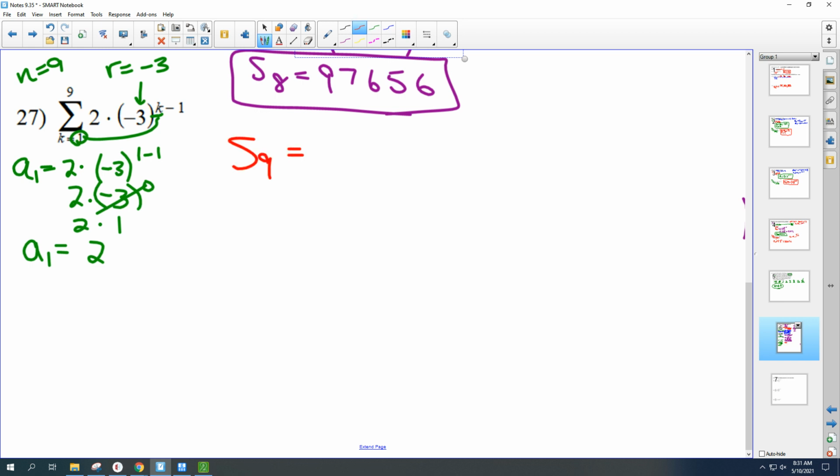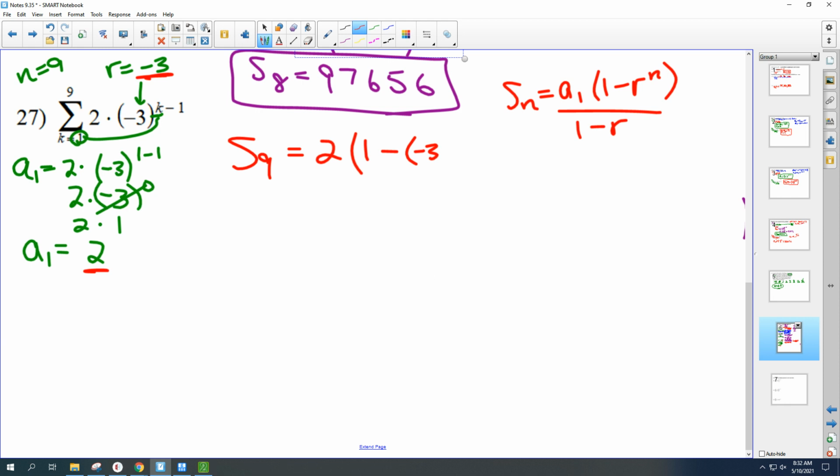So S9 is, okay, remember the formula, Sn equals A1 times 1 minus r to the n over 1 minus r. So S9 is A1, and that's 2, times 1 minus r is negative 3, so I'm going to put that in parentheses because that negative 3 has to get raised to a power.